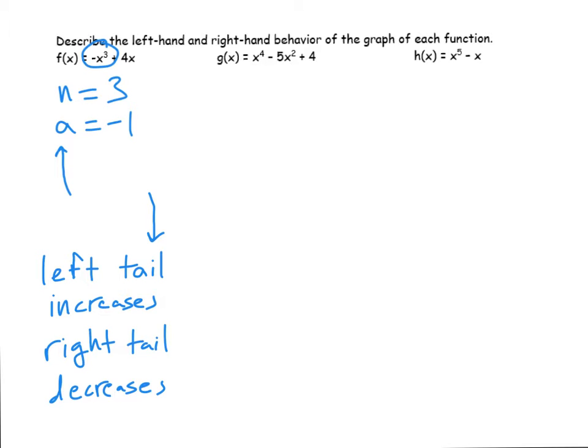If you had wanted to, you could say goes up and goes down. That's totally fine. Honestly, might even be a better way to say it. Left tail is going up, right tail is going down, okay? Again, zeros, I know nothing at this point. Is it changing directions in between those tails? Yeah, probably. How much and where? No idea. Okay. The leading coefficient test doesn't tell us that.